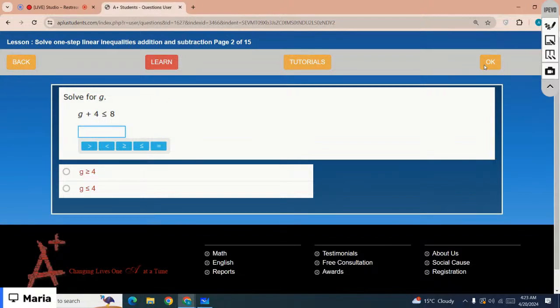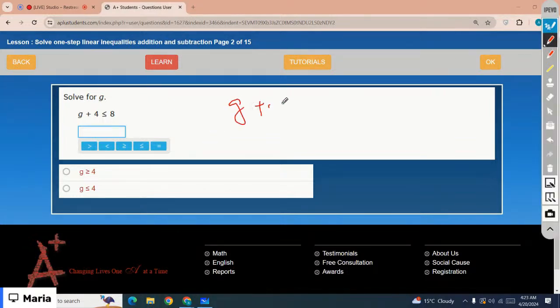Solve for g. g plus 4 is less than or equal to 8. You have to solve for g. Okay, isolate the variable g, that is 8 minus 4, and g is less than or equal to 4.